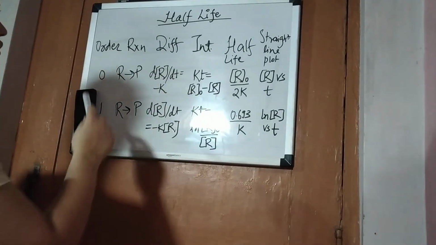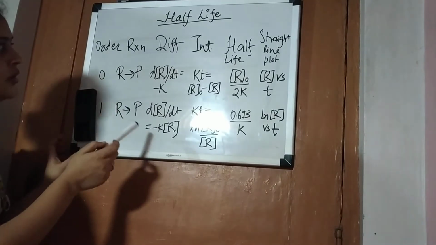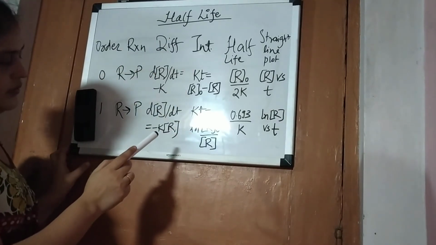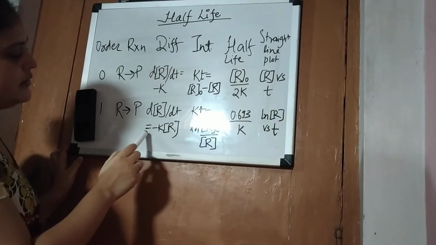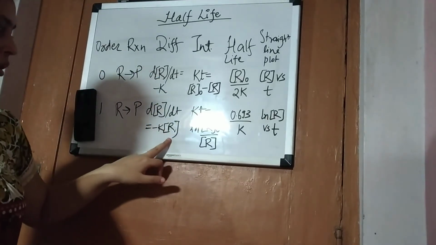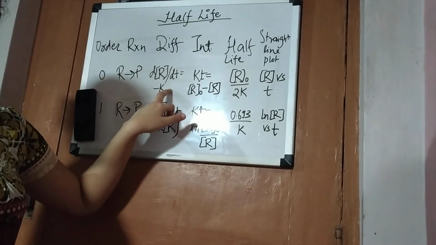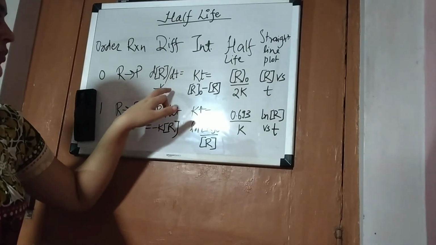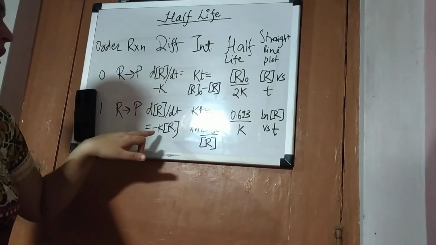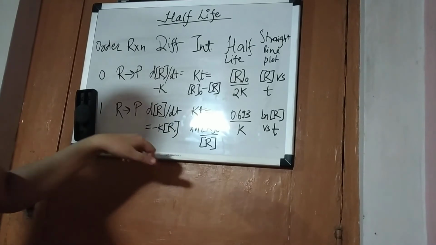And for first order reaction, when the reaction type is R gives P, the differential rate equation is dR by dt is equals to minus kR. Because it is first order reaction, the reactant's power is 1. Here for zero order the reactant's power was 0, so it was only minus k, but here it is minus k into R concentration, right?